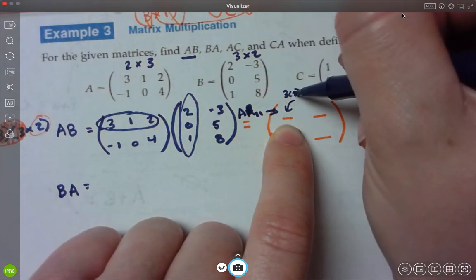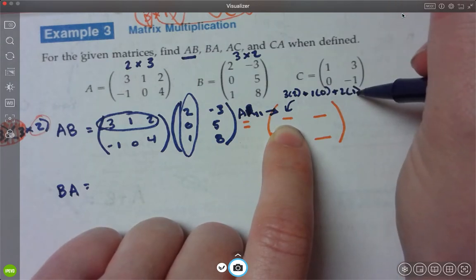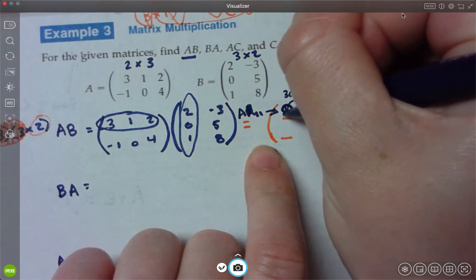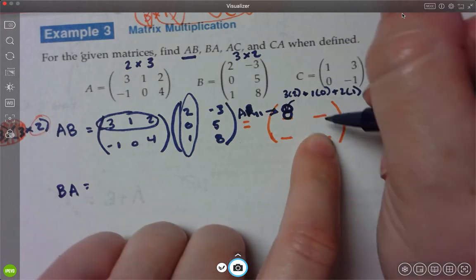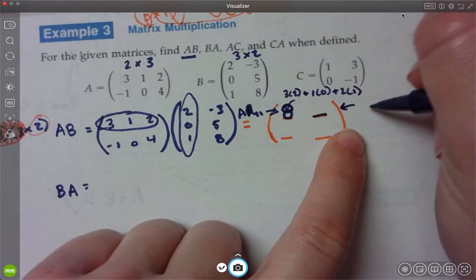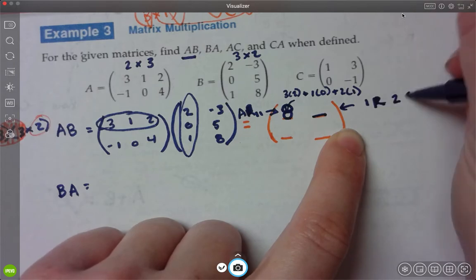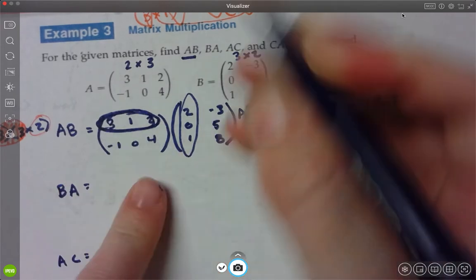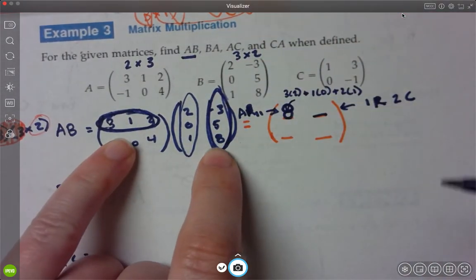So 3 times 2 is 6, 1 times 0 is 0, 2 times 1 is 2. So I take 6 plus 0 plus 2, and this entry is going to be 8. All right, now let's move over to this next one. This is the first row and second column. So I take my first row times my second column, and do the same thing.